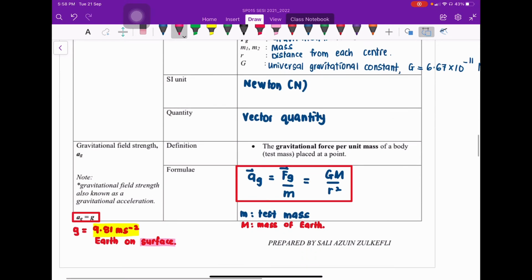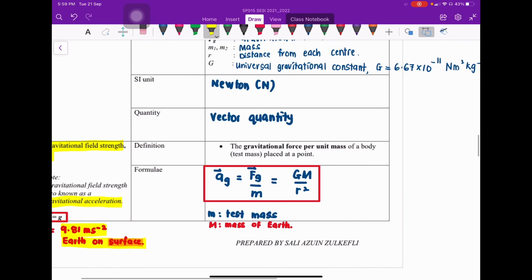Look at the gravitational field strength. The symbol is Ag. Sometimes we call it gravitational acceleration. We know that the gravitational acceleration on Earth's surface is 9.81 meter per second squared.